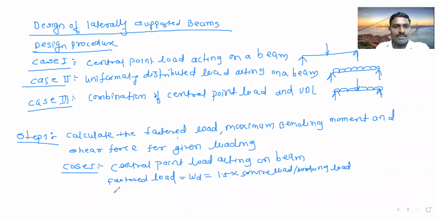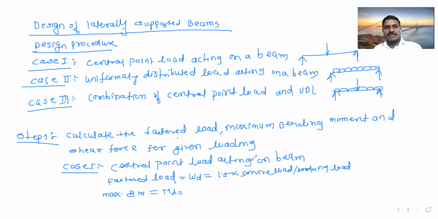Then after the factored load, what do we have to calculate? Maximum bending moment, that is MD. Maximum moment, that is MD, means the design moment we have to calculate. Okay.